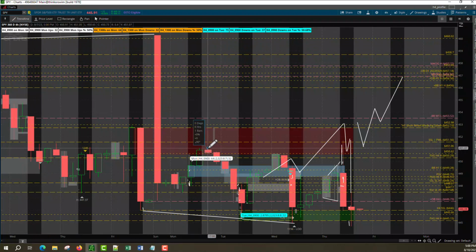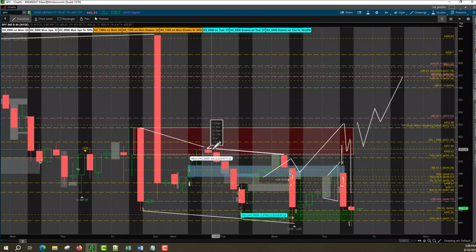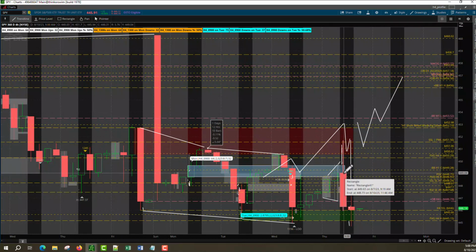That means it made a low. That means there are lots of buy side liquidity trapped here, haven't swept. So when we go into 9:30, we should go long.